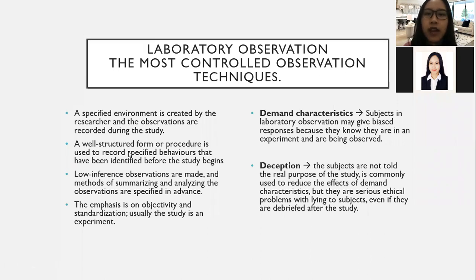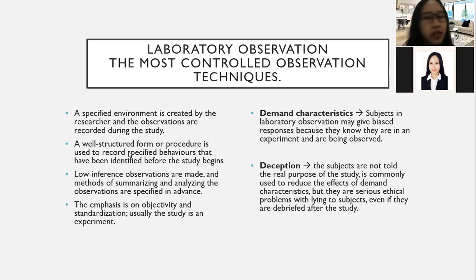There's this type of laboratory observation. It is the most controlled observation technique. It is a specified environment. A specified environment is created by the researcher and the observations are recorded during the study. A well-structured form or procedure is used to record specified behaviors that have been identified before the study begins.